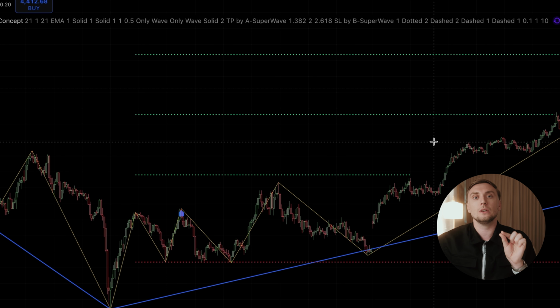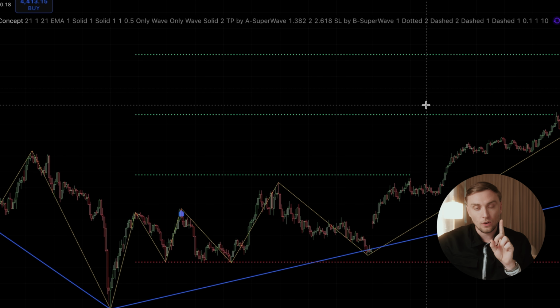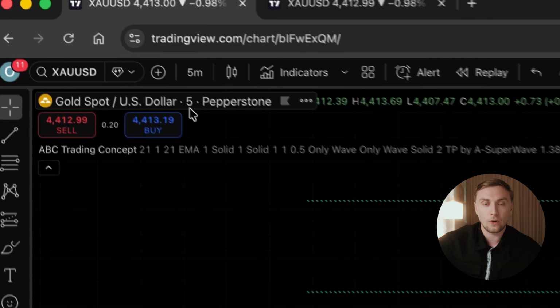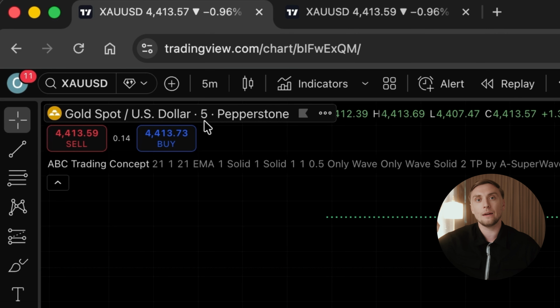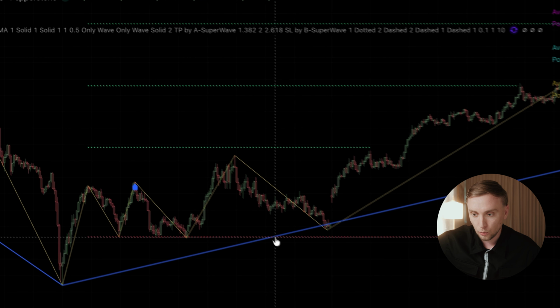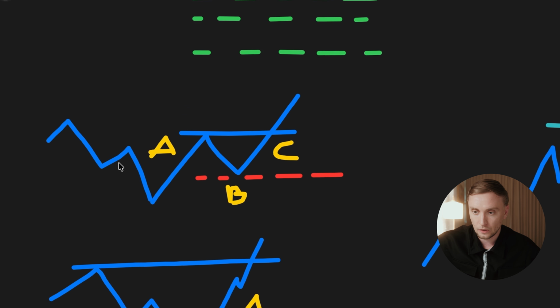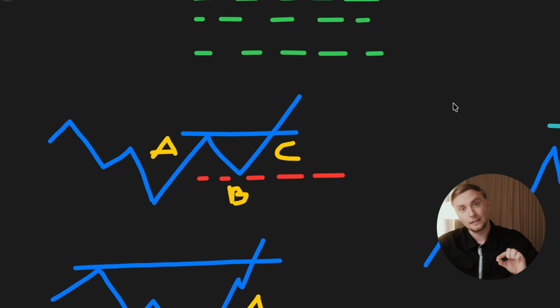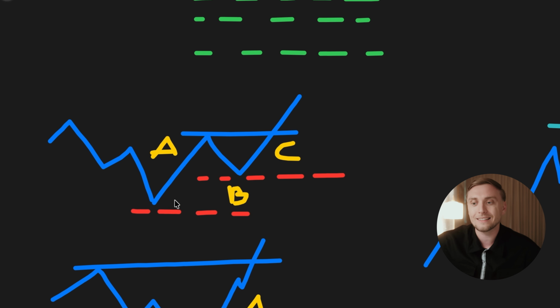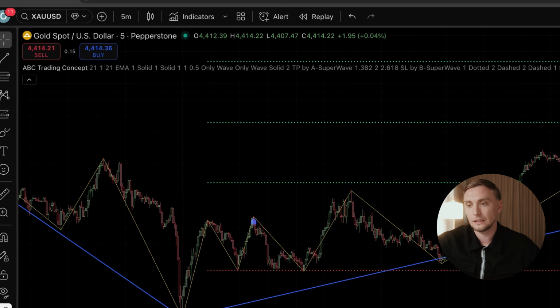But there is a rule you need to understand. If we are trading on a time frame higher than, for example, M15, including M15, we need to put our stop loss under wave B, as in this particular example. But if we are trading a time frame, for example M10 and lower, we are supposed to put our stop loss under wave A. How do we do this in the indicator?